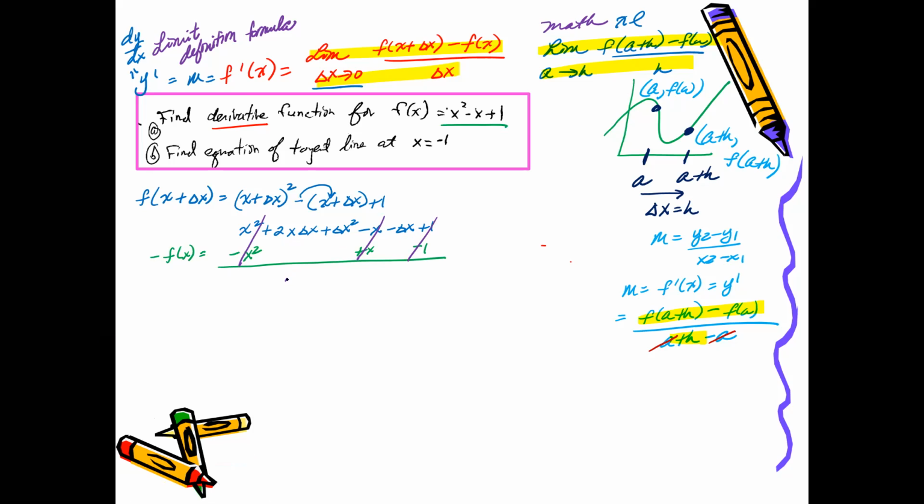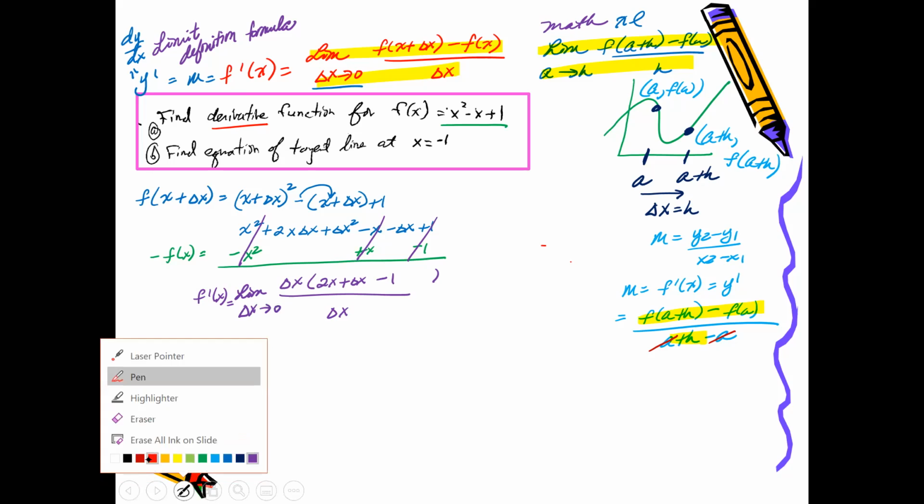And you can factor out a delta x here, so I have a 2x left, plus a delta x, minus 1, all the way over delta x. And this is your f prime of x with the limit as delta x approaches 0.